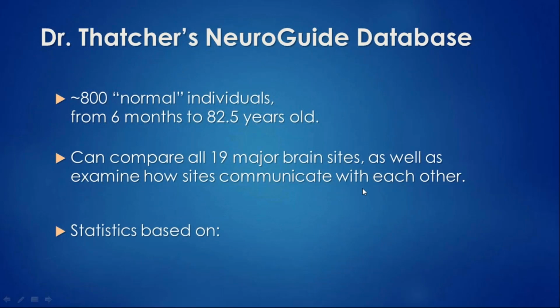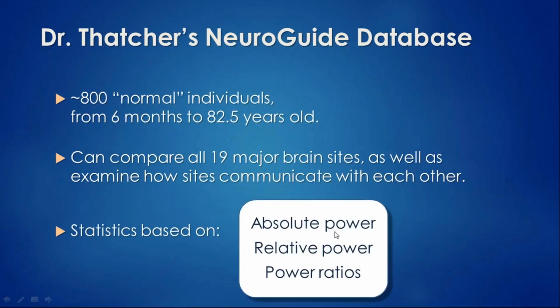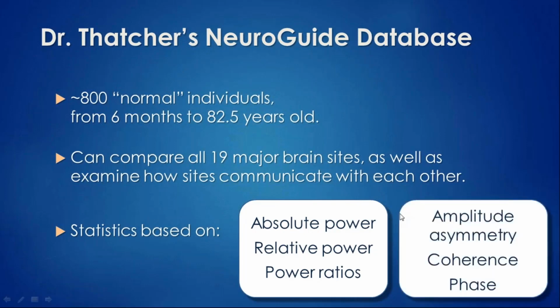Statistics that we use for this comparison include measurements of power, so absolute power, relative power, and power ratios, so comparisons of ratios to each other like theta over beta, delta over alpha, things like that. And it also includes statistics where we compare sites to each other, so amplitude asymmetry, coherence, and phase.